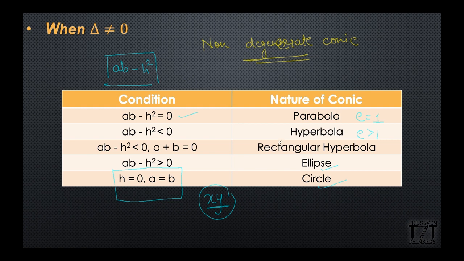Rectangular hyperbola is a subcase of hyperbola, and the condition for it is AB minus h square being less than 0 and also A plus B equal to 0. So these four, and the subcase, make non-degenerate conic. For delta not equal to 0, we get non-degenerate conic, and these are the conditions for it.